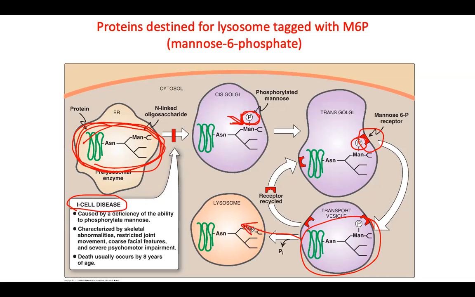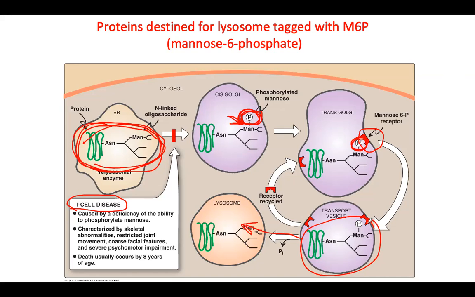So the main concept is that part of normal physiology is that our body is going to tag glycoproteins that need to be degraded with a phosphate on the mannose, and there's a receptor that is going to sense that phosphorylated mannose, that mannose 6-phosphate.